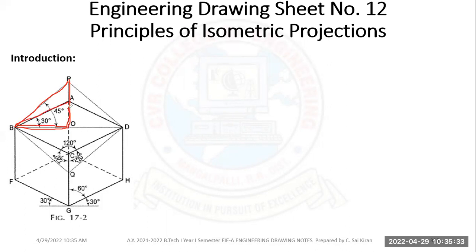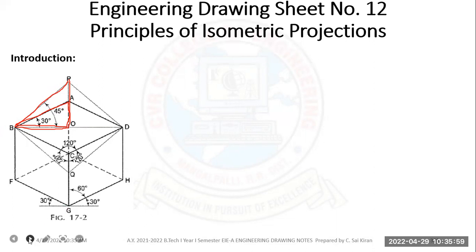These two triangles make angles of 45 and 30 degrees respectively. Here we need to calculate: the 45 degrees length is the true length of the square. So with respect to this true length projection, what is the reduction in length compared to 30 degrees?